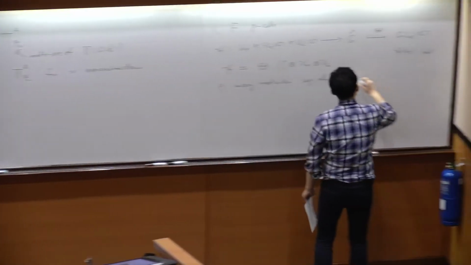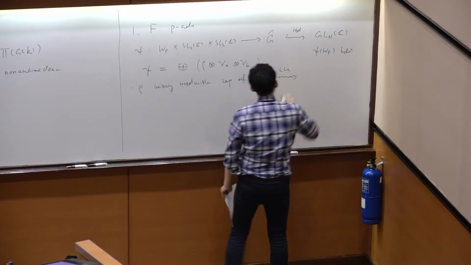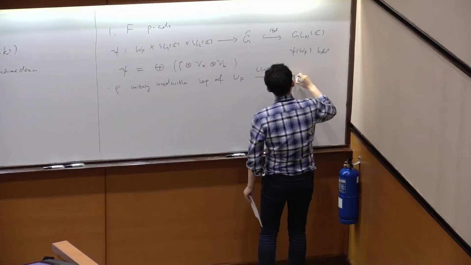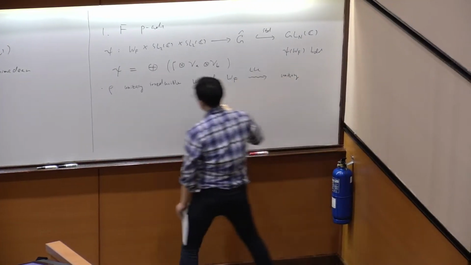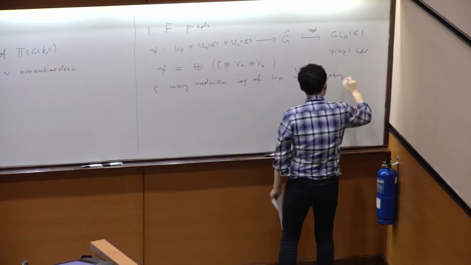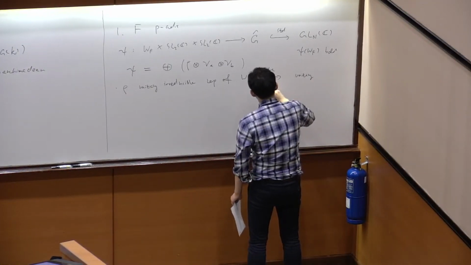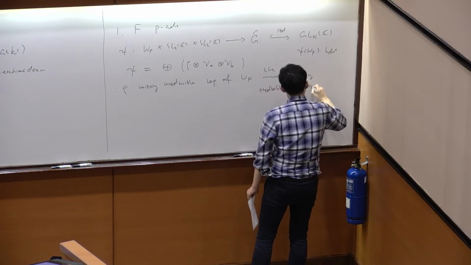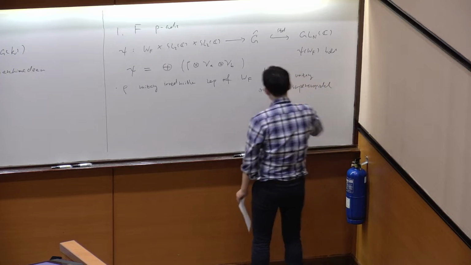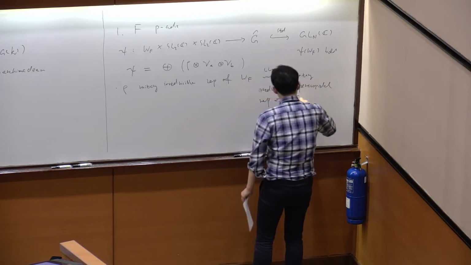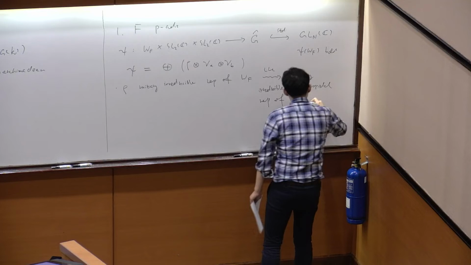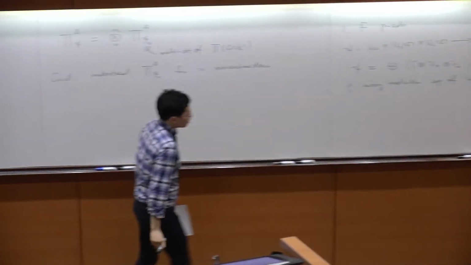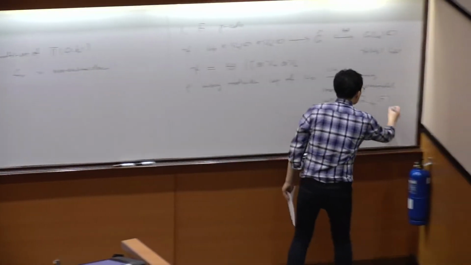And by the local Langlands correspondence, this will correspond to some unitary irreducible supercuspidal representation of some general linear groups. And for simplicity, I'll still denote that by rho.